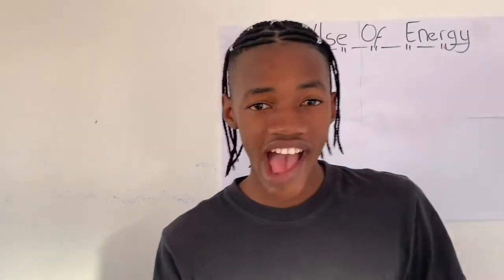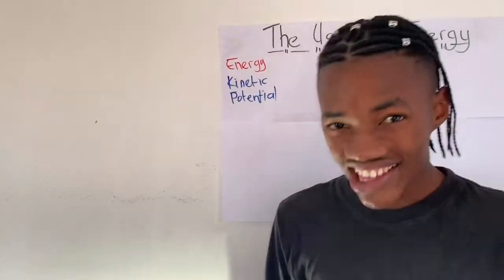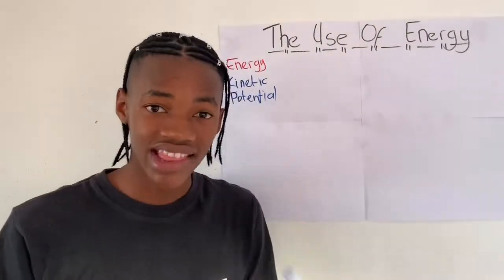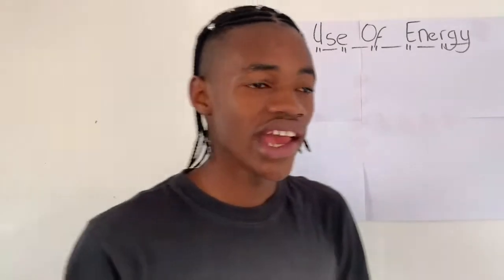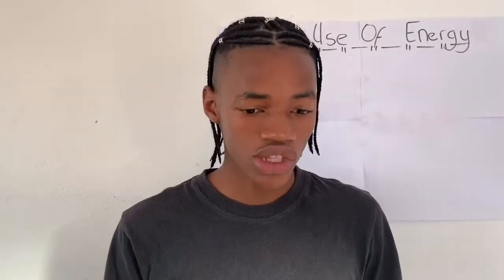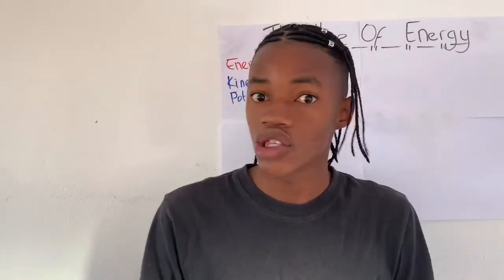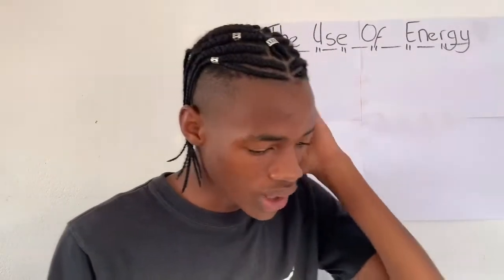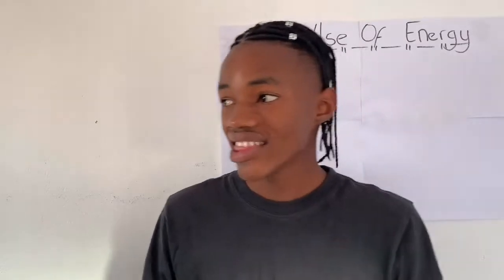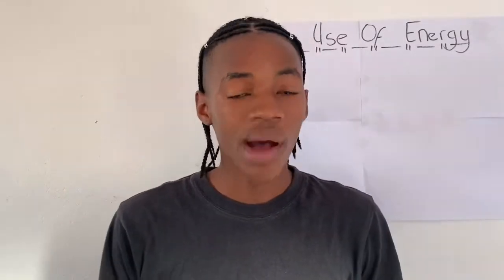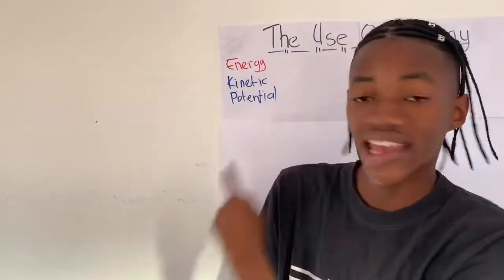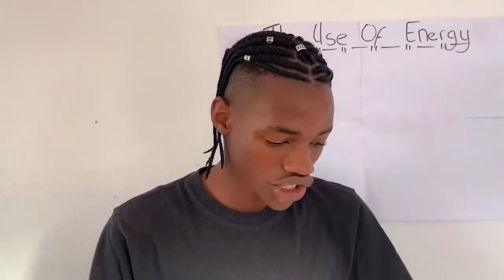Kinetic energy has to do with motion. It is the energy of motion. And then potential energy is the energy that has to do with the position of an object or atom or molecule or whatever you're dealing with at that particular moment. And then the total amount of energy is the sum of the kinetic energy and potential energy.